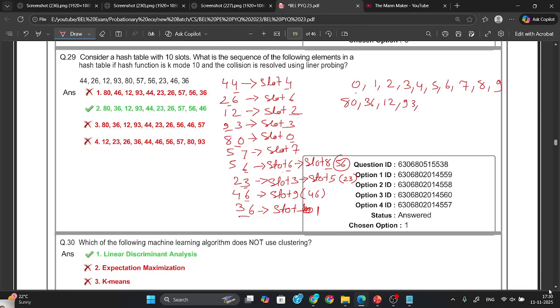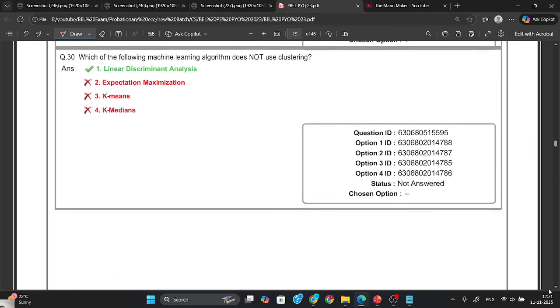Slot 4 we have 44. Slot 5 we have 23, slot 6 we have 26, slot 7 we have 57, slot 8 we have 56, and slot 9 we have 46. Okay, so this is the arrangement, and this belongs to option B. So option B is the right answer. So like that, with 10 slots we need to make a hash table.